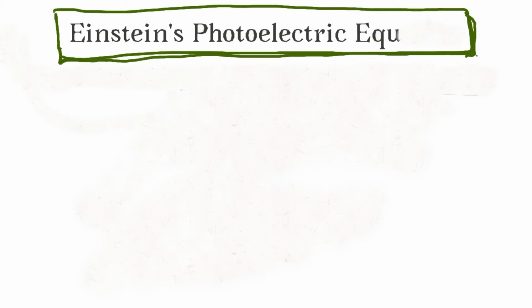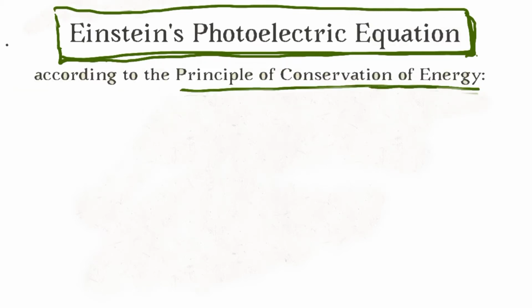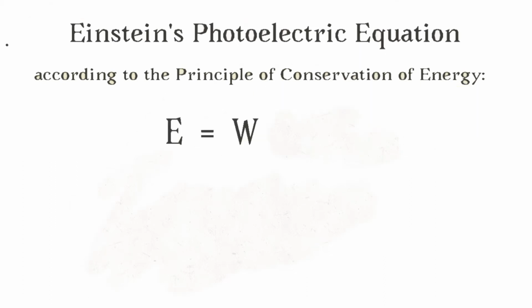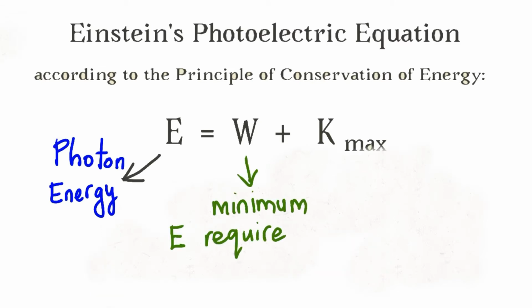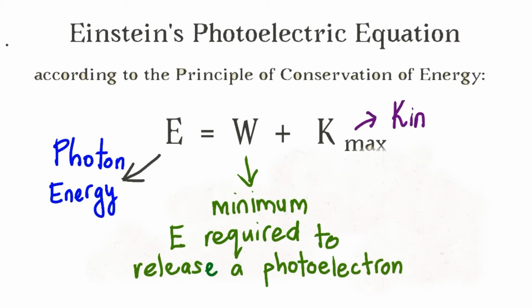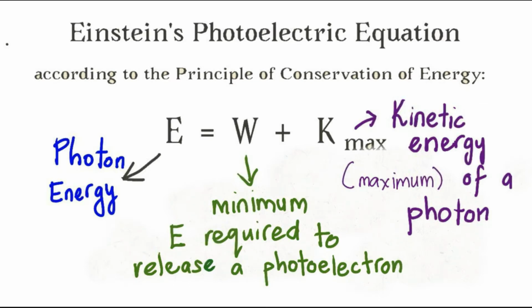Einstein's photoelectric equation applies the principle of conservation of energy, where E, which is the photon energy, equals W, which is the minimum energy required to release a photoelectron, known as the work function, plus K max, which is the maximum kinetic energy of the photoelectron.